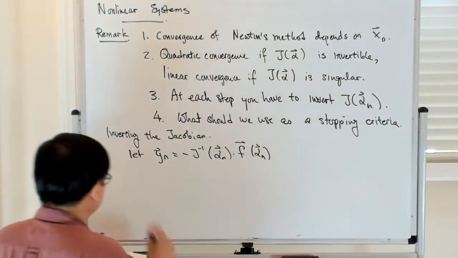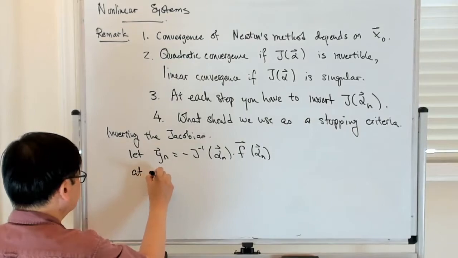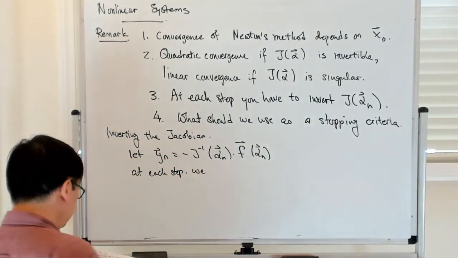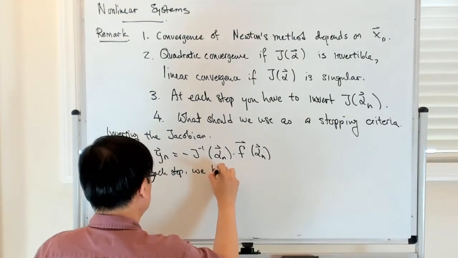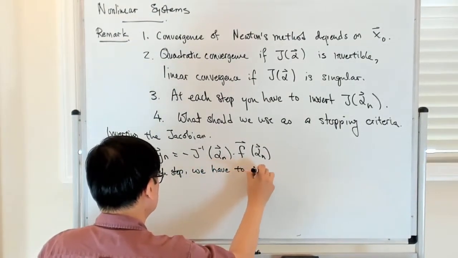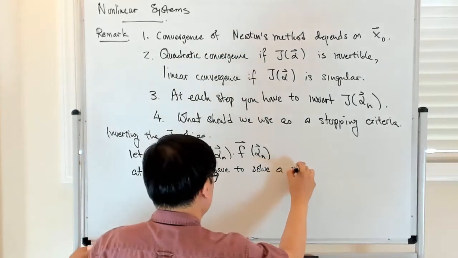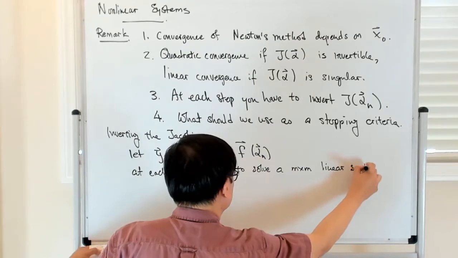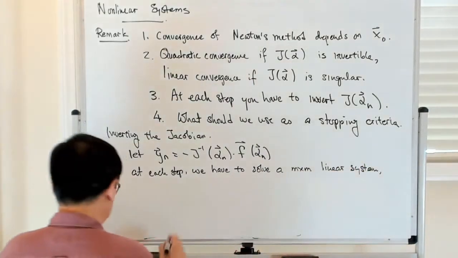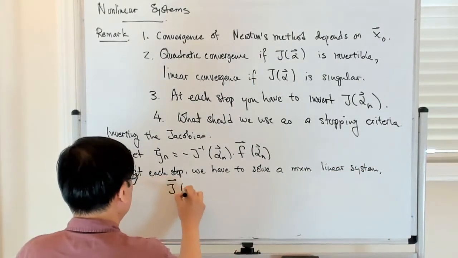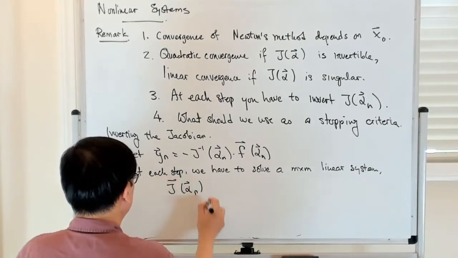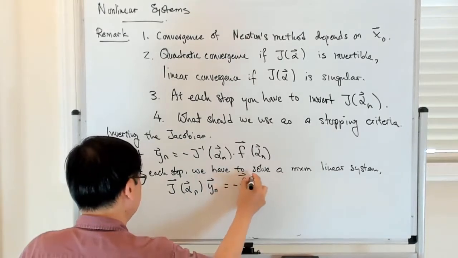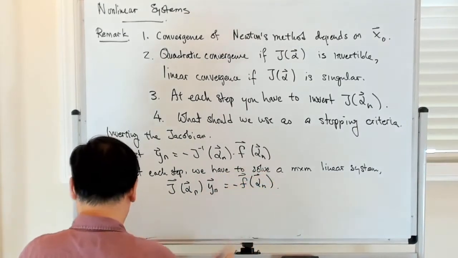So at each step we have to solve a linear system: J alpha n times y n is equal to minus f alpha n.